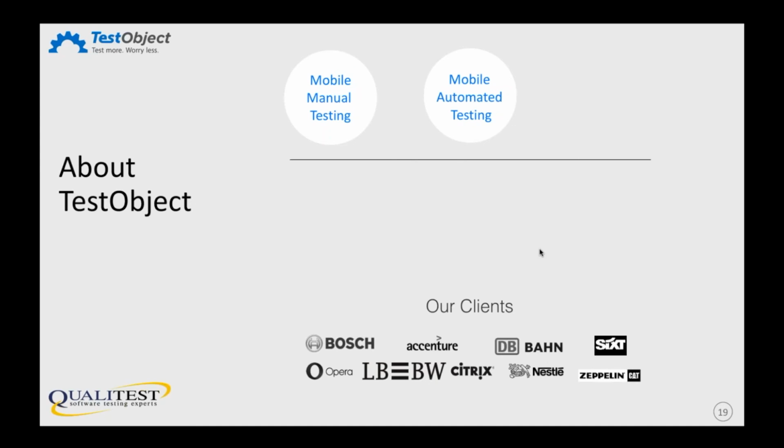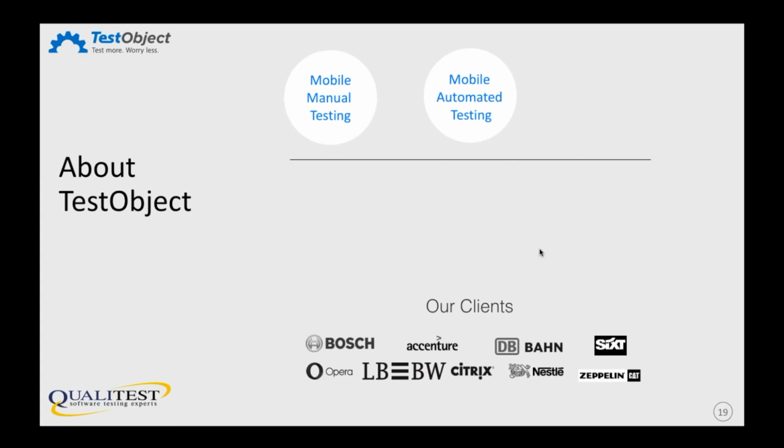Before we jump into that, though, what is TestObject exactly? So we are a mobile app testing company from Berlin. We offer a platform that allows you to leverage your mobile testing processes. The idea is simple. We provide an extensive cloud infrastructure which allows you to access 200 plus different device models.